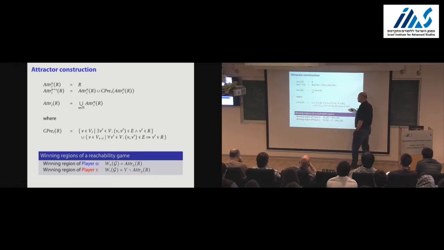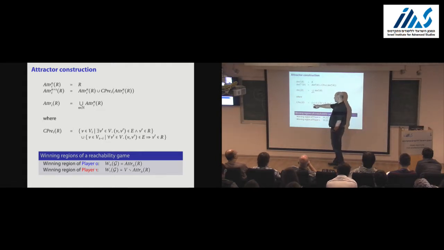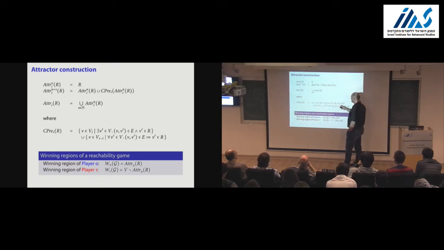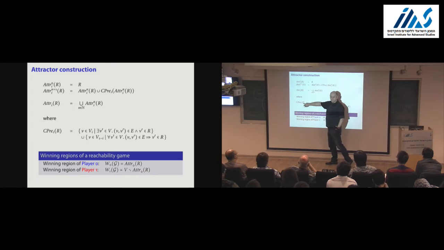So the controllable predecessor implements this idea that either I have an edge into the set or my opponent doesn't have an edge that would not lead into it. So we go through all the states owned by me that have a successor state according to the edge relation that is in the set of goal states. Note this R can now be any set, right?